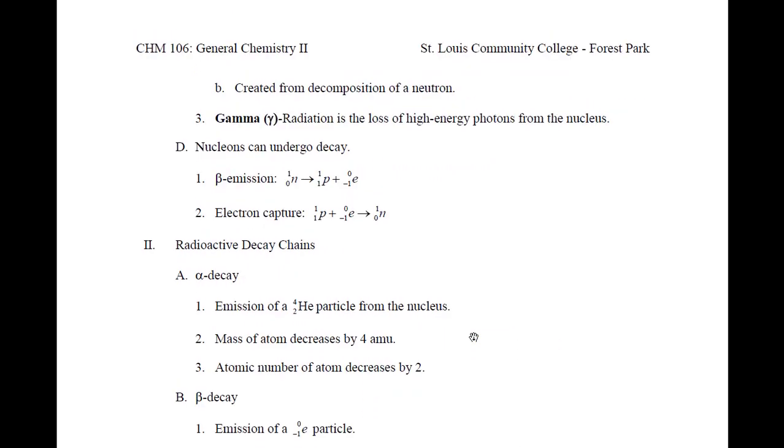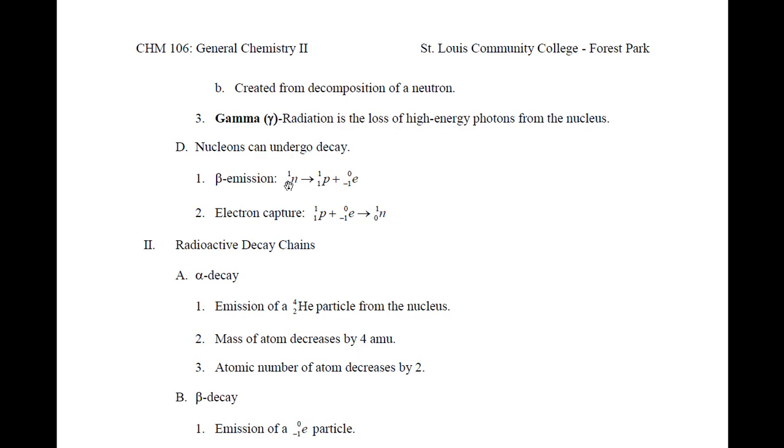And so let's look and see what that means. For beta emission, a neutron decays into a proton and an electron, because that's what a neutron is. That's why the neutron is slightly heavier than the proton, even though within significant digits they're both 1 AMU. The neutron's slightly heavier because it's the fusion product of a proton and an electron.